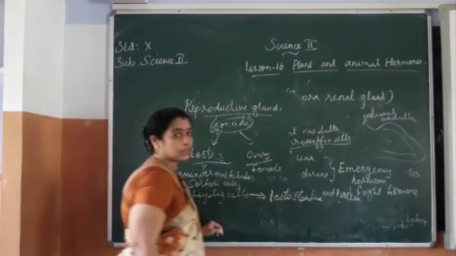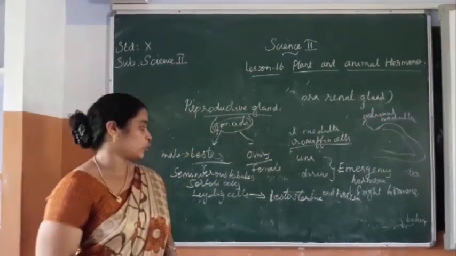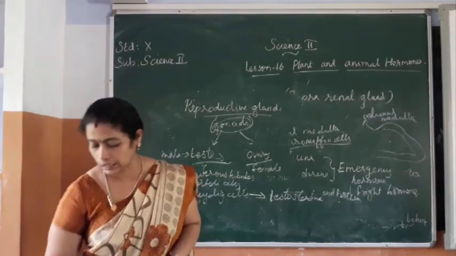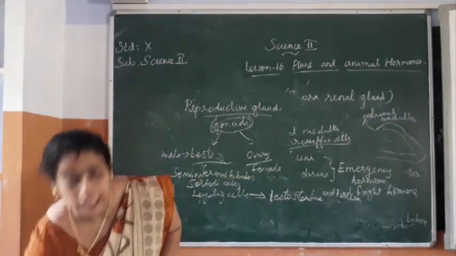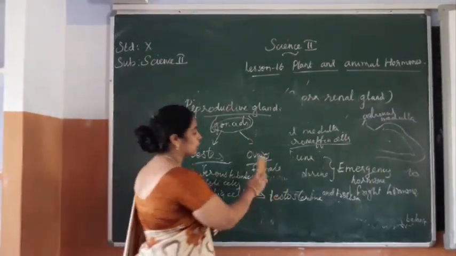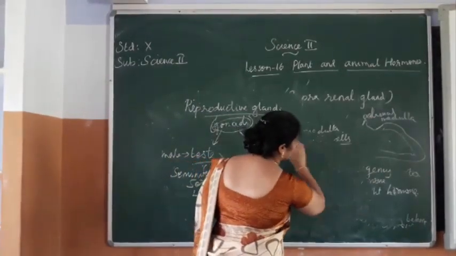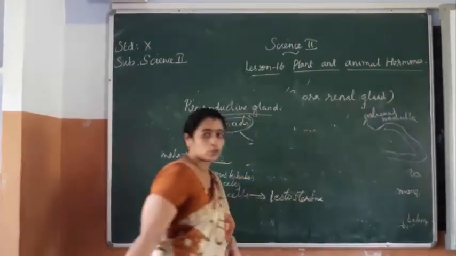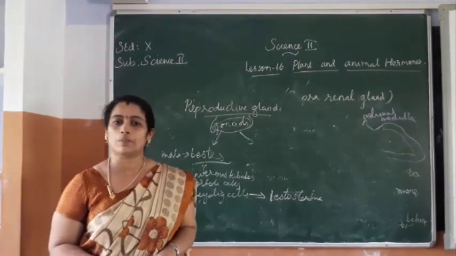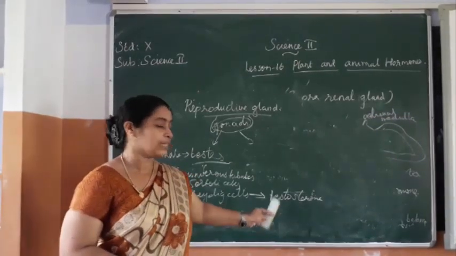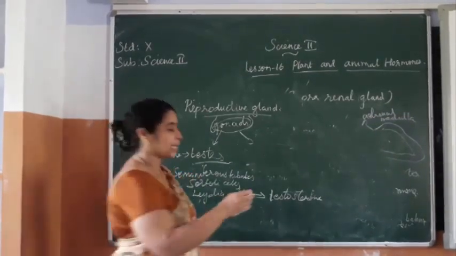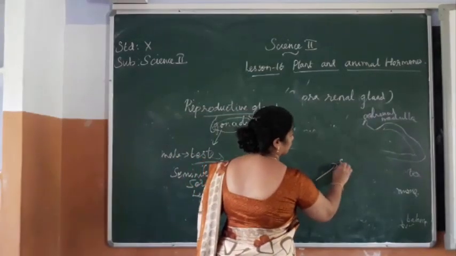So let us see the functions of testosterone. What is the first one? It helps in spermatogenesis. The process of formation of sperm in the testis is known as spermatogenesis. So the testosterone's first function is helping in spermatogenesis.